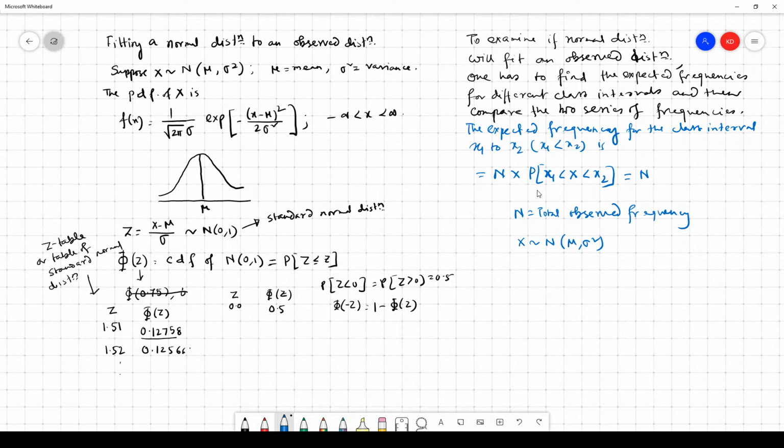But for finding this probability x1 less than X less than x2, we need to transform X to Z. Equivalently, we can write this as (x1 minus mu) by sigma less than (X minus mu) by sigma less than (x2 minus mu) by sigma.